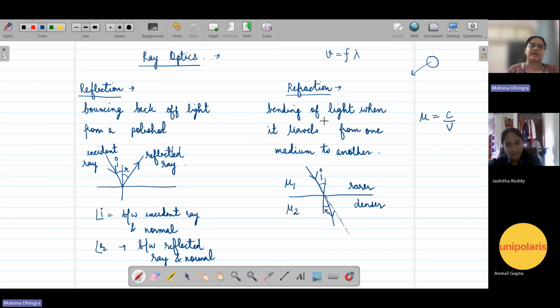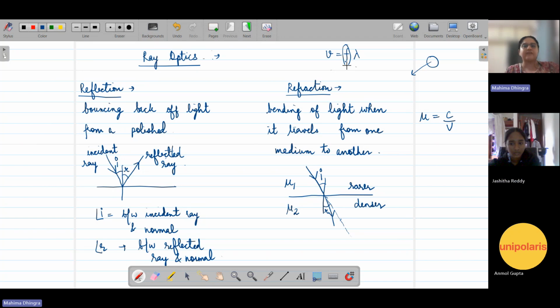And this will come again in electromagnetic waves also. Which property of the light remains the same when it changes the medium? That is the frequency. It will remain the same, whether the light is getting reflected or refracted. But velocity and wavelength, both of them will change. Now, as the velocity changes, wavelength also changes. That is the cause of refraction.